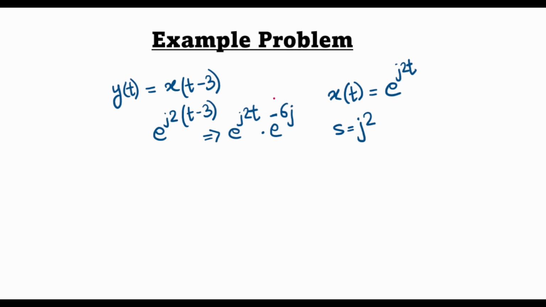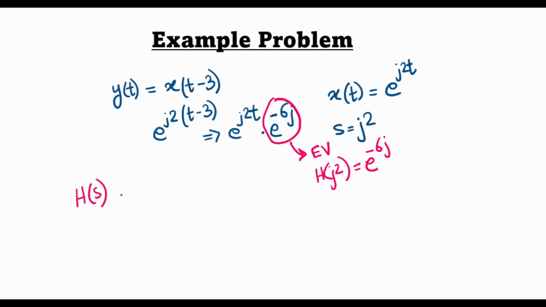And it is quite straightforward to see from here that the eigenvalue of the system, h of j2, is equal to e to the power minus j6 for the eigenfunction e to the power j2t. But we can also find this using the expression that we derived, that h of s is equal to the integral from minus infinity to infinity of h of tau e to the power minus s tau d tau.